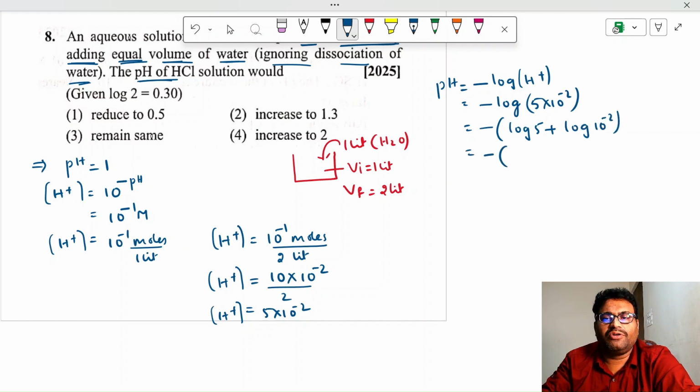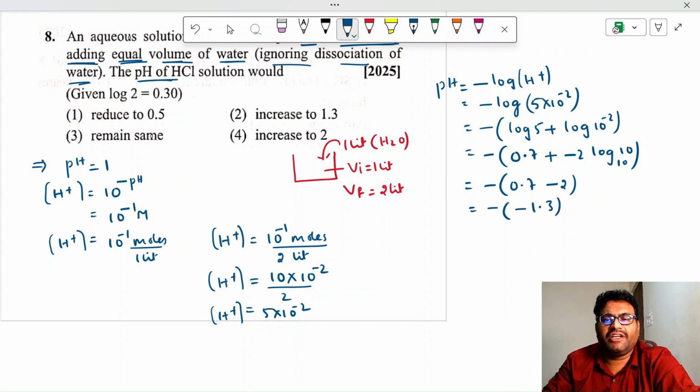Log 5 is 0.7, so minus 0.7 minus 2, that is minus of 1.3, that is plus 1.3.